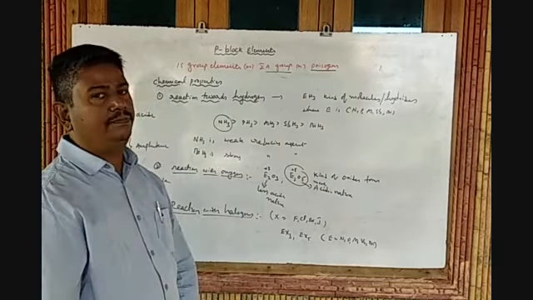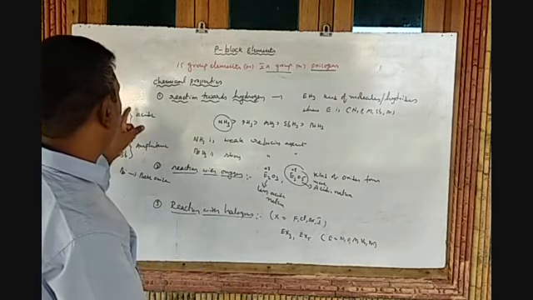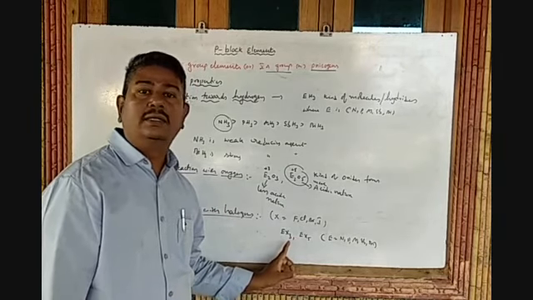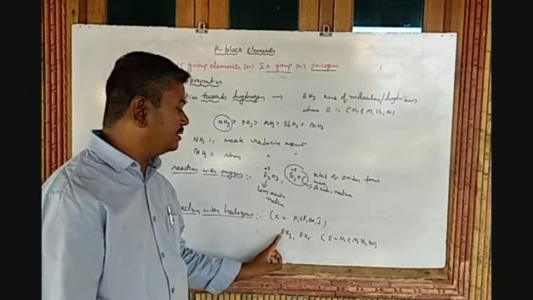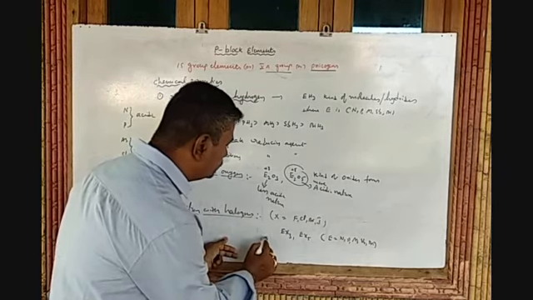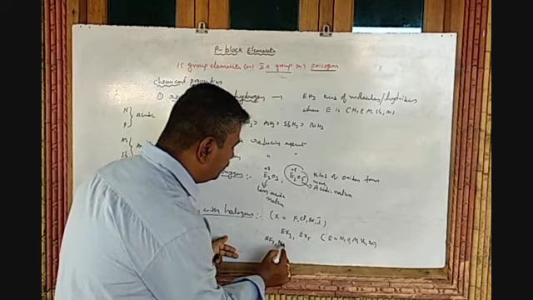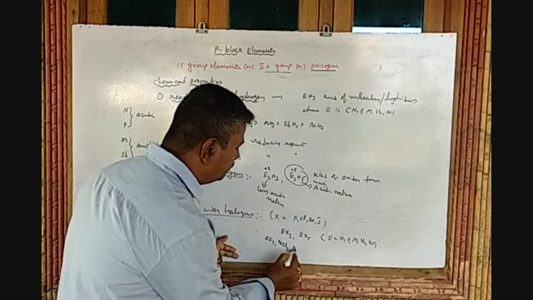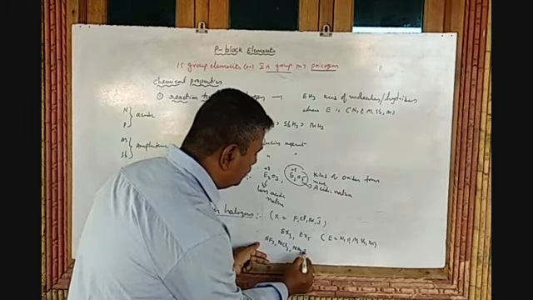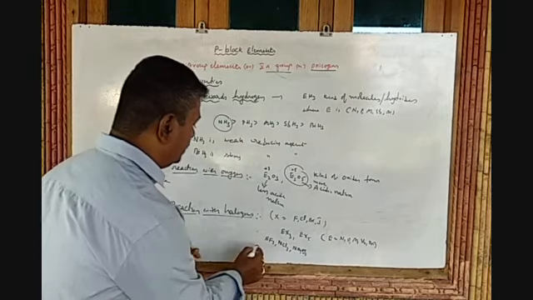Except nitrogen, all the elements of this group can form EX5 kinds of halides, but EX3 only is formed by nitrogen, meaning NF3, NCl3, NBr3, but it cannot form NCl5.